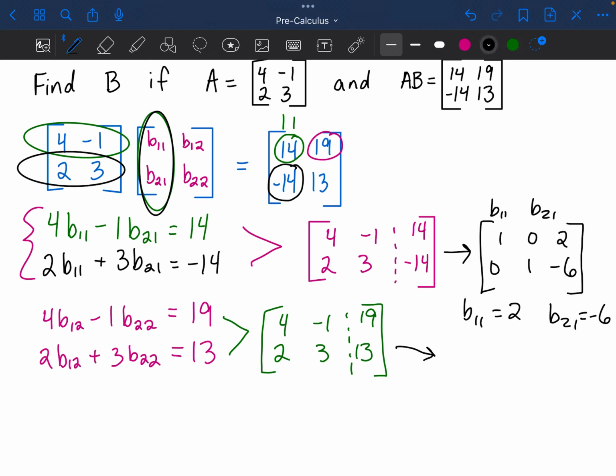Go to the calculator, plug in your matrix, go back, do the RREF, and we get 1, 0, 5, 0, 1, 1. Right now we can see that our B12 is equal to 5, and our B22 is equal to 1.